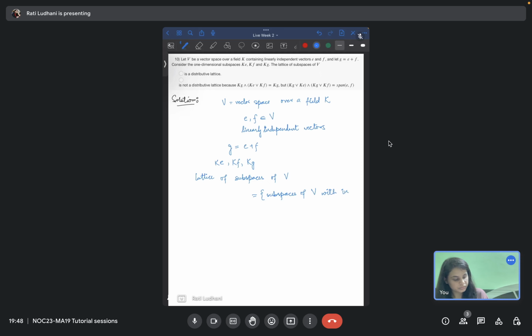So one is contained in another if that vector space is contained in the other one. So this is the poset.